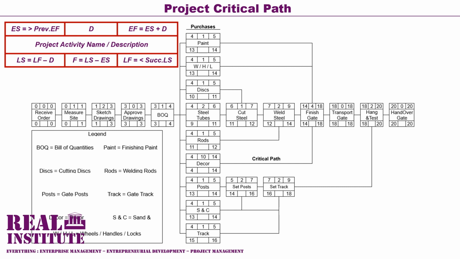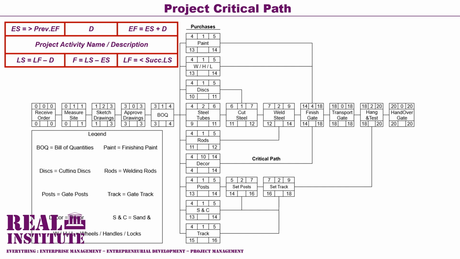Activity 21, the finish gate activity, is allocated a late finish value equal to its successor's late start value. And its successor is activity 24, which is the transport gate activity with a late start value of 18. And therefore the activity finish gate is allocated a late finish value of 18.